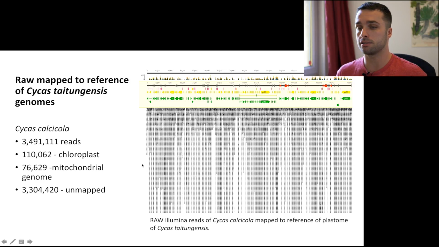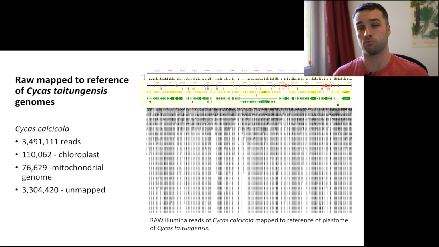From 3 million reads, only basically 110,000 map to the chloroplast genome and only 76,000 to the mitochondrial genome. That means we have over 3 million reads which are unmapped, and this is probably in the nuclear genome, and this is where we want to be.